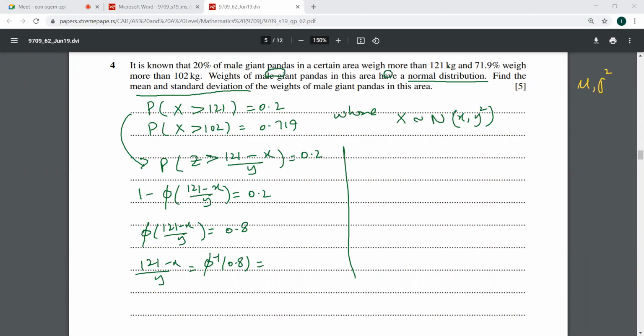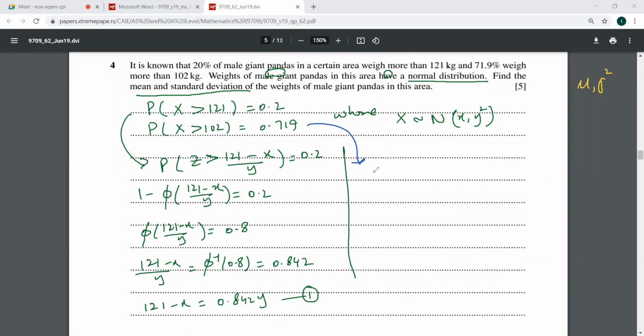So it's 0.8, 1, 2, 3, 4: 0.842. So guys, one of the equations is going to be 121 minus x equals 0.842y. That is your first equation.